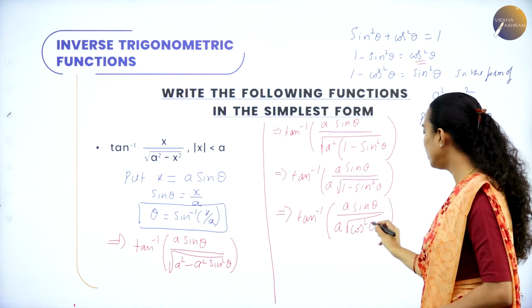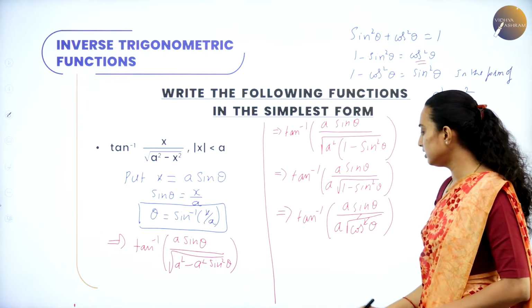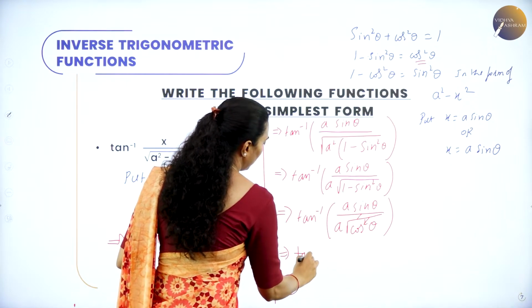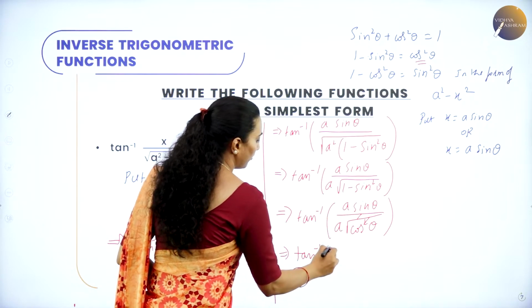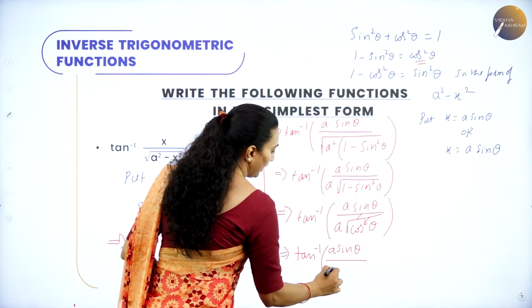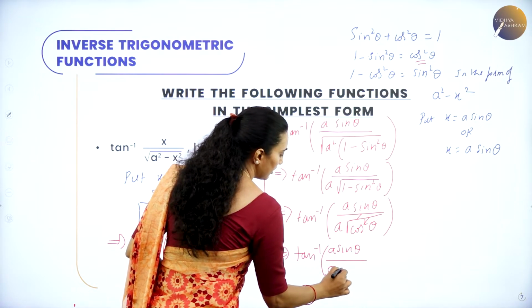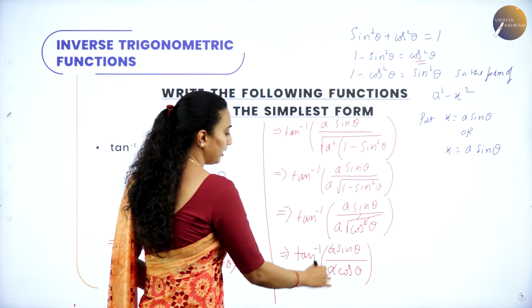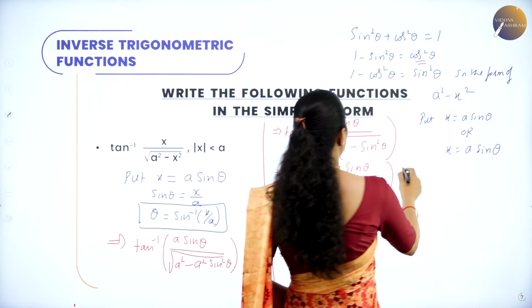Now, you are going to get root will get cancelled. You are going to remain with, what is that? Tan inverse of a sin theta divided by a, under root will go means cos theta. Correct? So, a will get cancelled. You are going to remain with what?